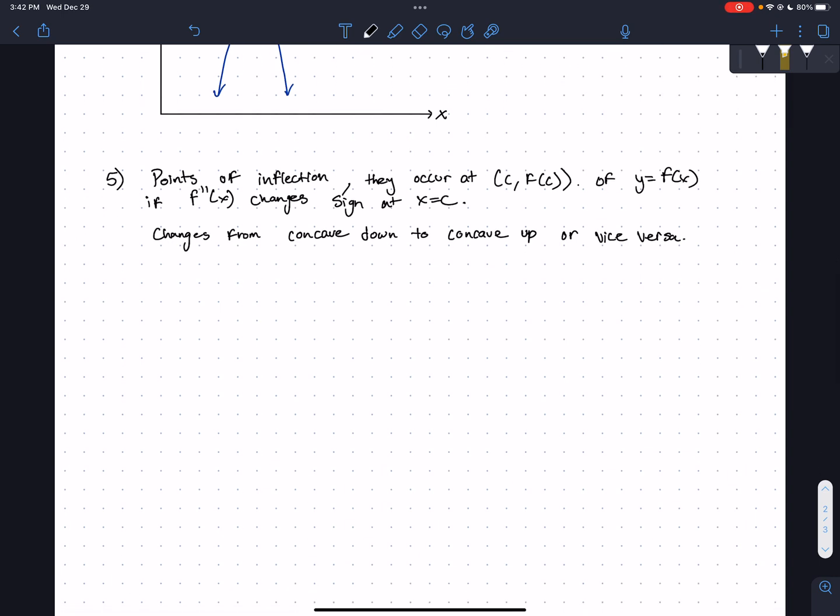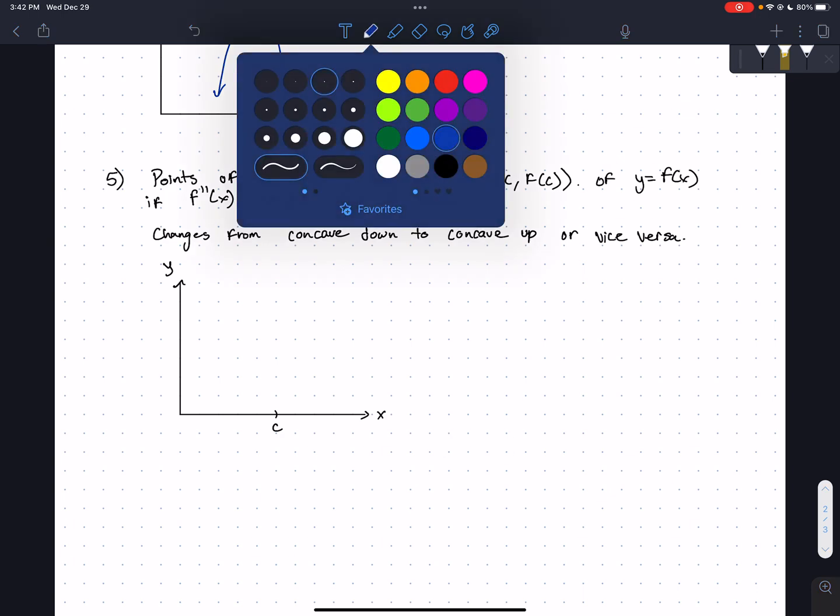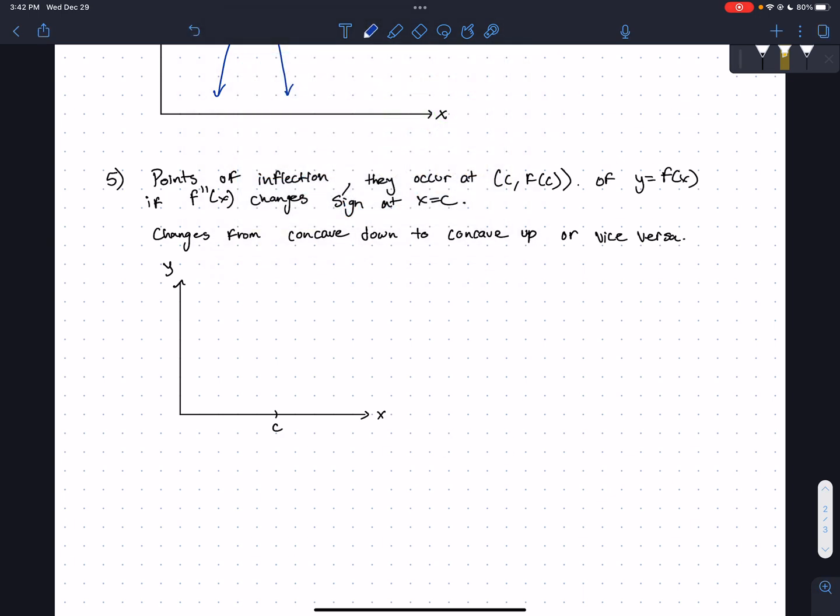That's c and f of c. So let's look at a point on a graph where there's c. Let's say this is c, and then we'll draw a cubic function. A cubic is the best example for a point of inflection. So let's say at that point, there's a point of inflection.